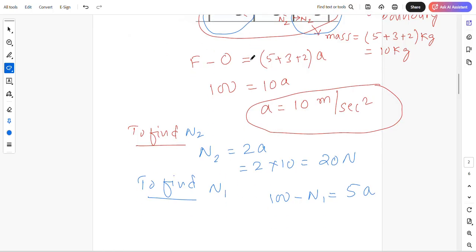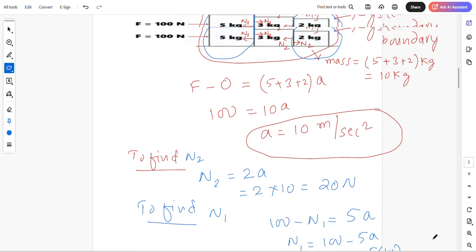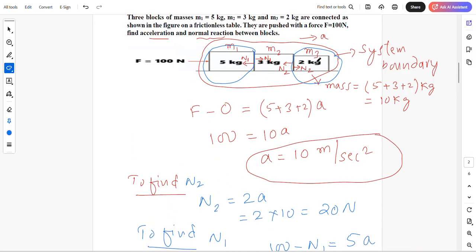Therefore N1 will be equal to 100 minus 5A, that is 100 minus 5 into 10, that is 100 minus 50, is equal to 50 newtons. Hope you understood.